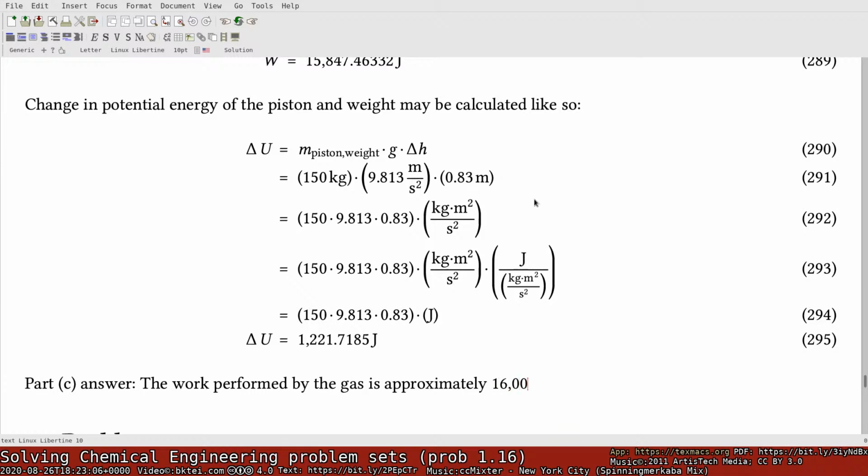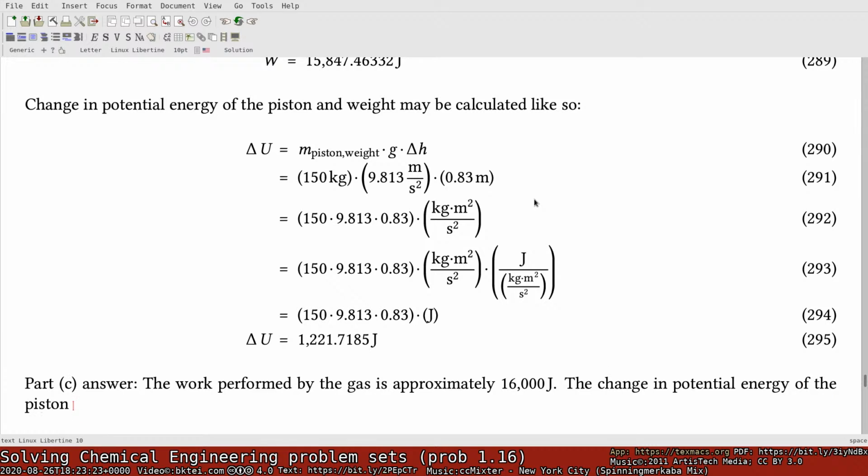Approximately 16,000 joules. Change in potential energy of the piston and weight is approximately 1,200 joules.